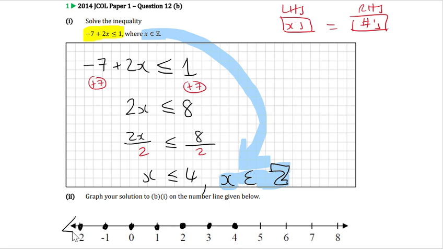And we need a big arrow there because that's continuing on to infinity and beyond. And the solution set, if I was to show it, I could do it this way: 4, 3, 2, 1, 0, dot, dot, dot, continuing on to infinity. And that is that question done.